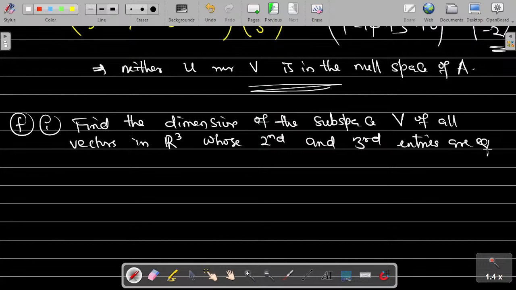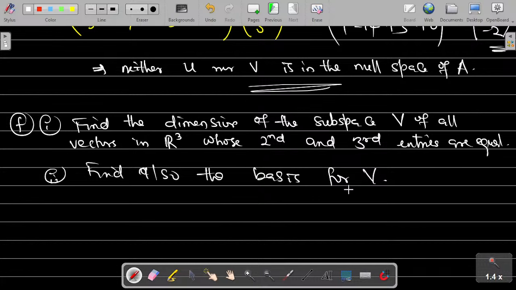Okay, all right. And then they said find also the basis of V. So you are looking for the dimension and basis for V. All right, so that's the last question.